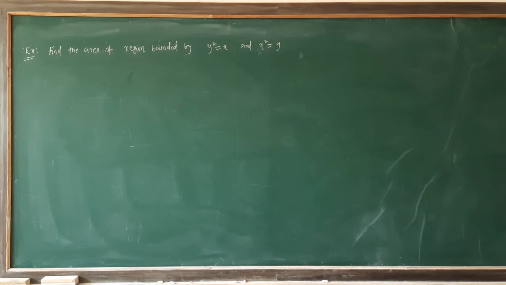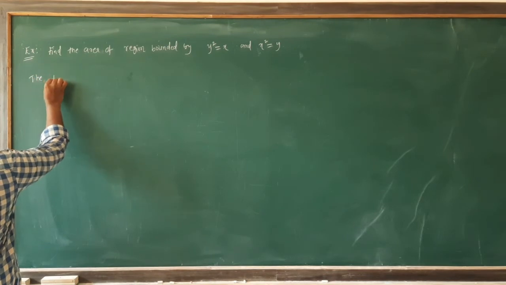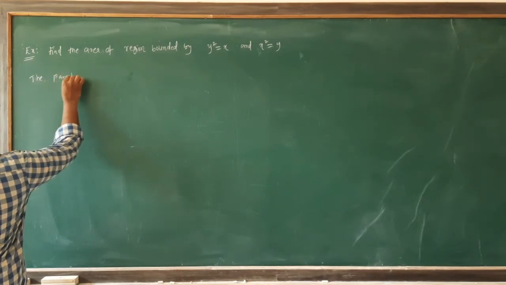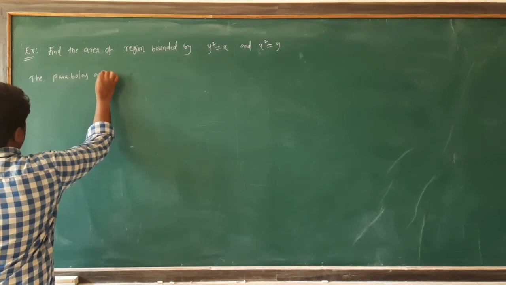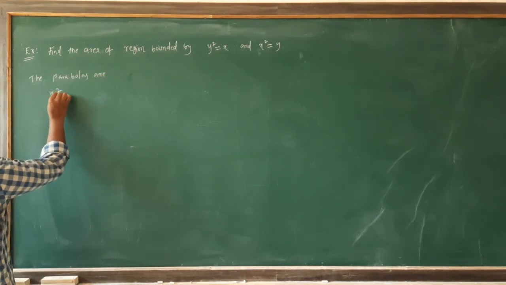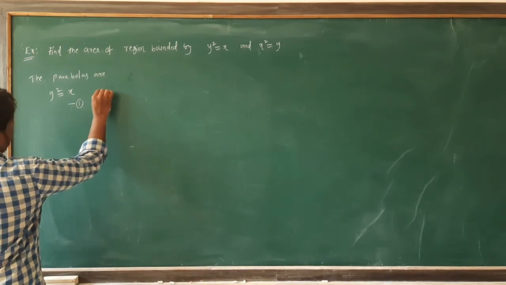Next example problem: find the area of the region bounded by y square equals x and x square equals y. Both are parabolas only. The first parabola is y square equals x, take it as 1.